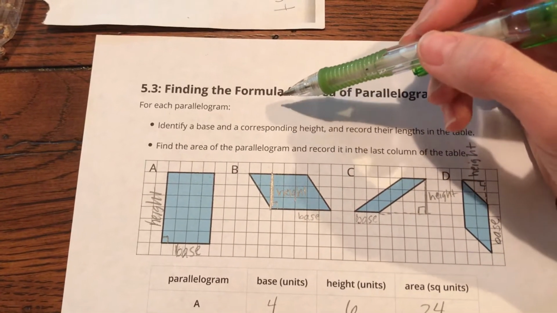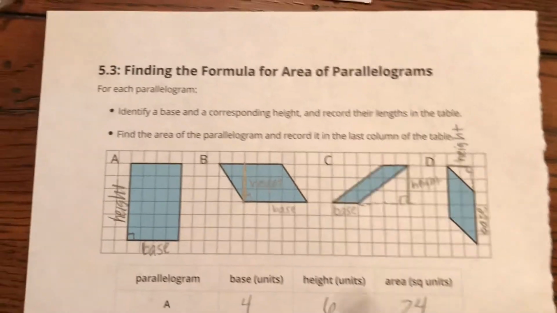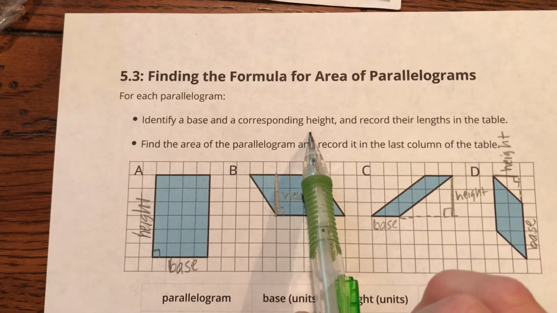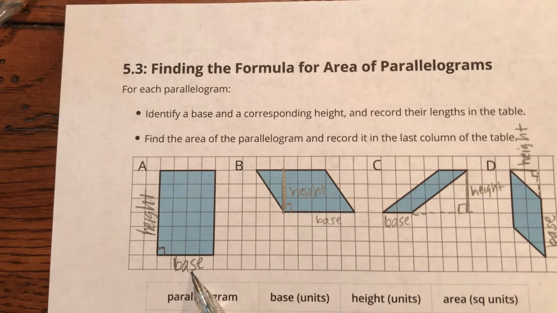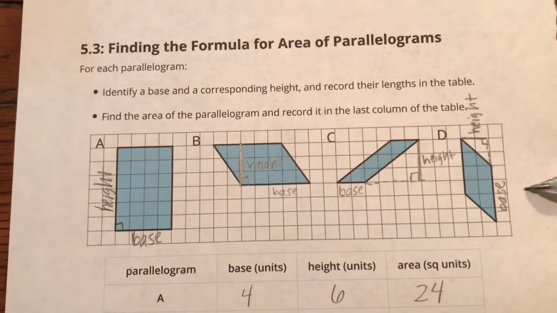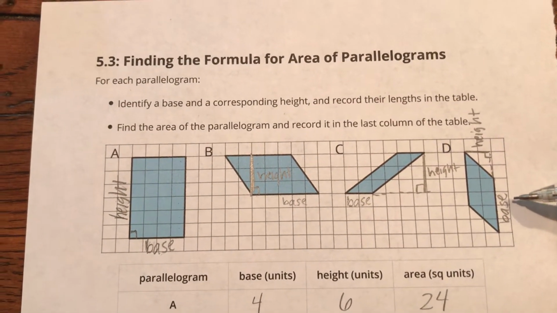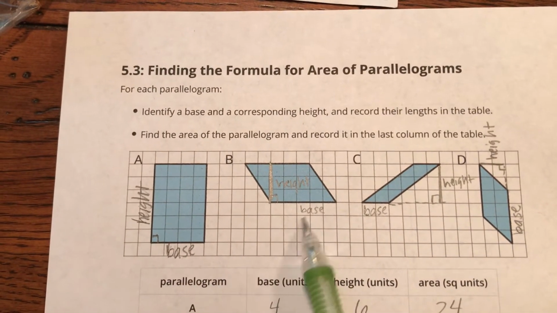And I've done a little bit of the prep work for you ahead of time using this page from your math book. So it says to identify a base and a corresponding height and record their lengths in the table. So I've identified a base in each figure. Remember that a base can be any side of a parallelogram, but it's often helpful to look at the one on the bottom.